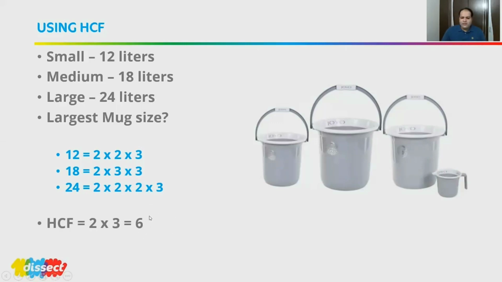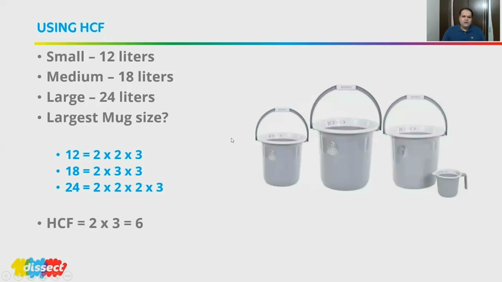So the HCF we have found out is 6 liters, our mug is of 6 liters. For filling the 12-liter bucket, we would need to fill it twice. For filling the 18-liter bucket, we would need to fill it 3 times. And for filling the 24-liter bucket, you would have to fill it 4 times. So with all these buckets, we can use the same mug and fill all of them.